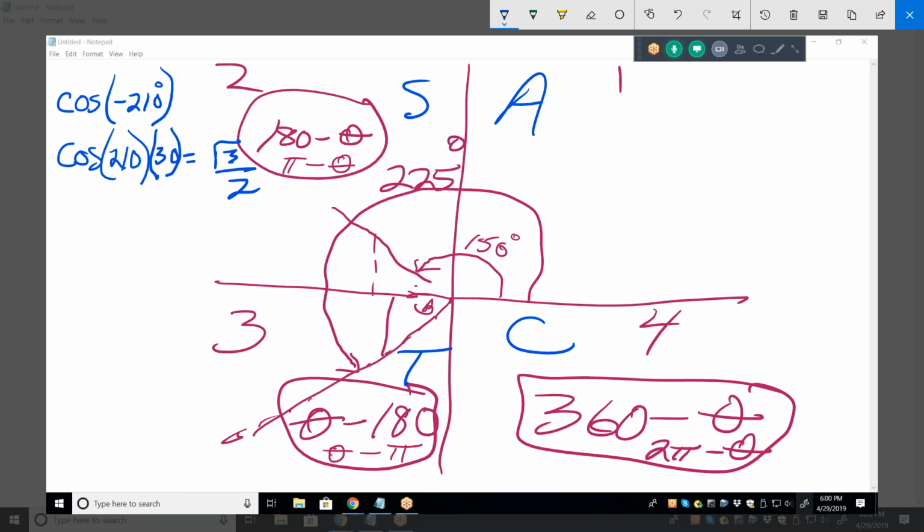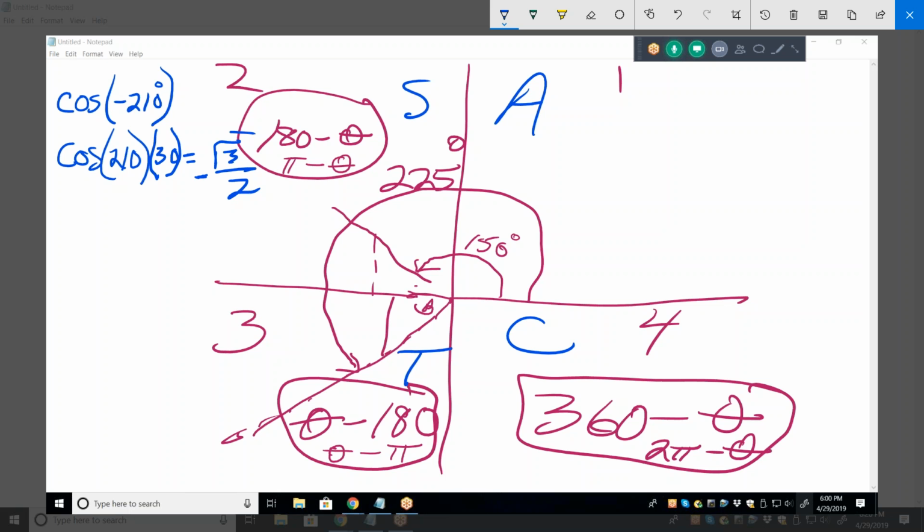We're in the third quadrant, right? What's positive in the third quadrant? Tangent. Everything else is negative. Except tangent's reciprocal, cotangent, is also positive, but only tangent and cotangent. That means sine and cosine are both negative. So we need a negative sign out there.